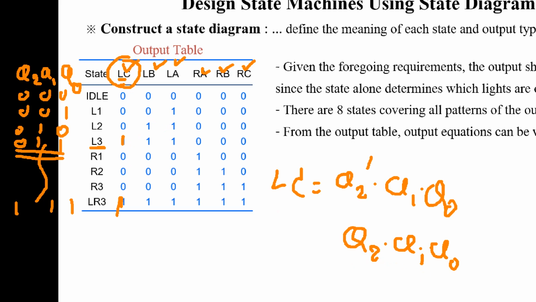You combine these two conditions together, so you get the output equation for LC. For another output, do the same method: consider the logic 1 output and the binary code for the states that give logic 1 output. So you can write the output equation.